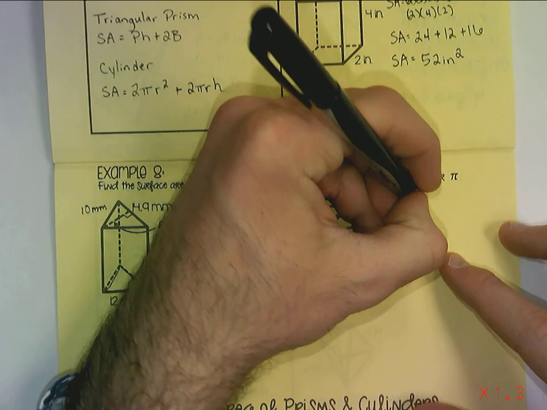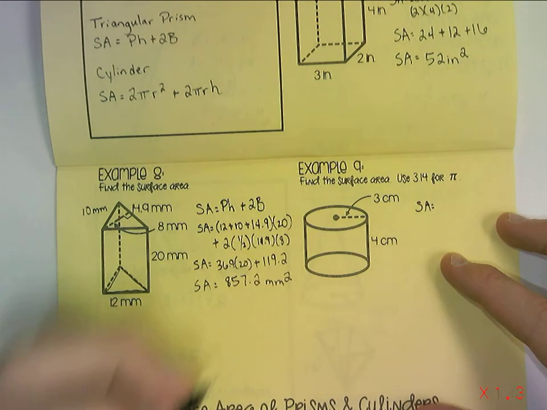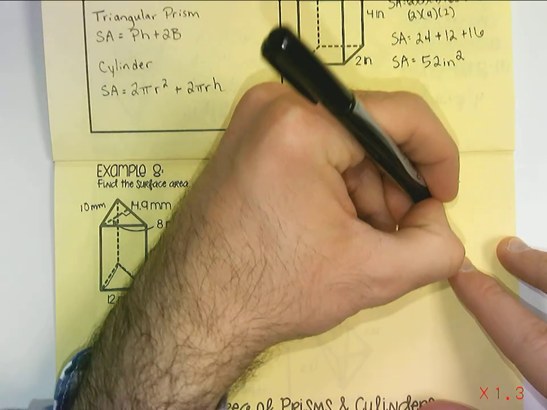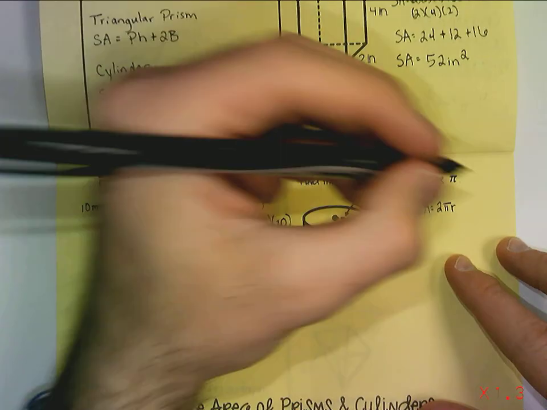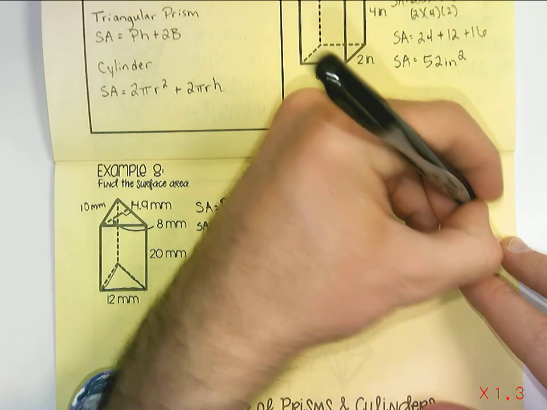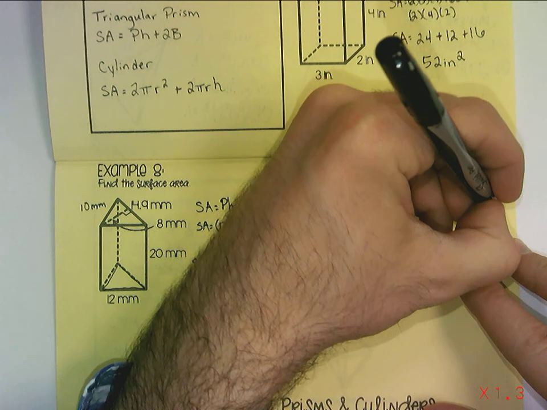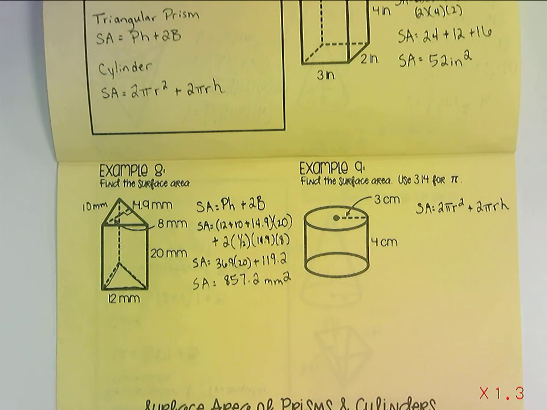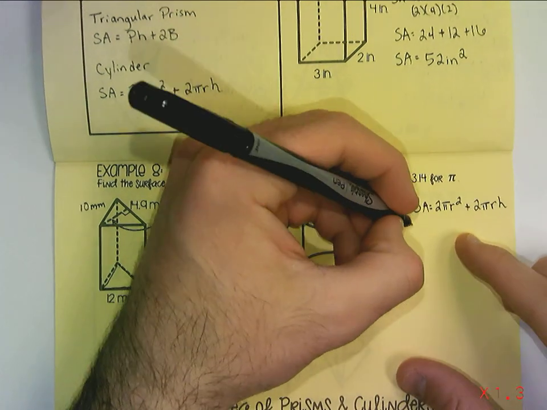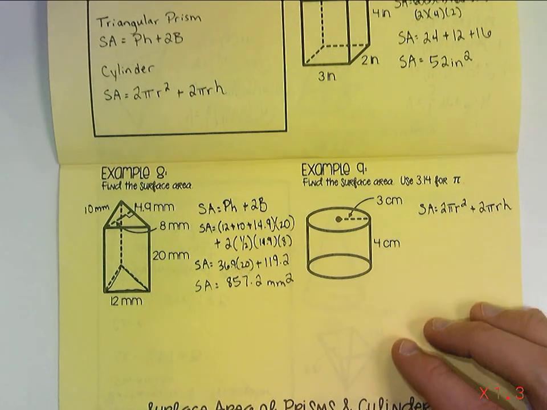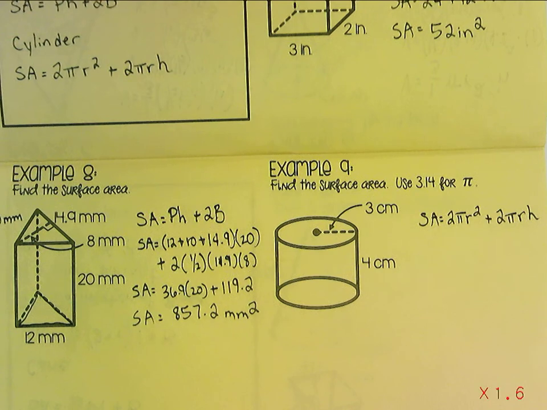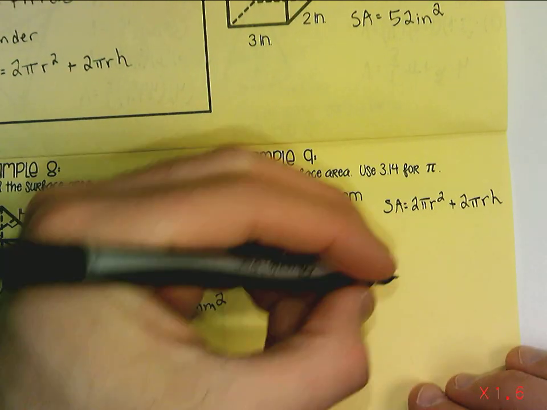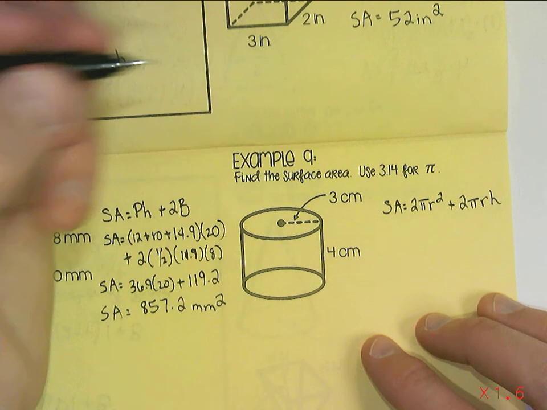So surface area equals, and this is a longer equation, 2 pi r squared plus 2 pi r h. And I'll explain how this equation works in a second, but I do want to get everything filled in here. So we need radius and height, which is everything we have.